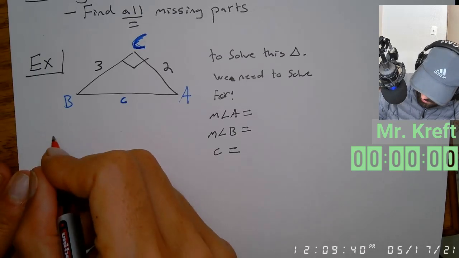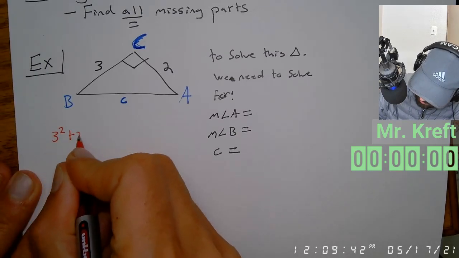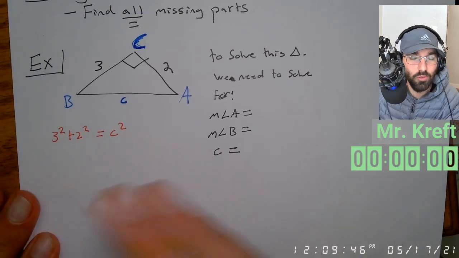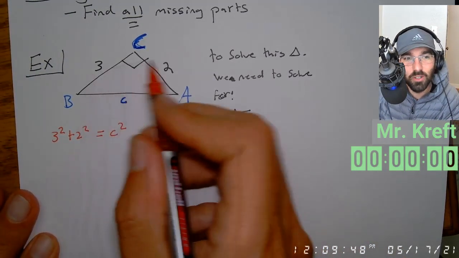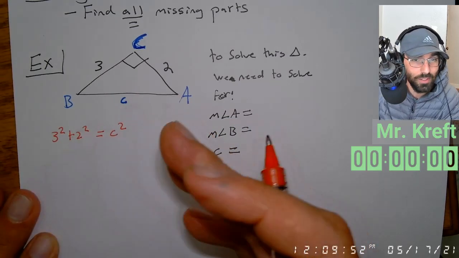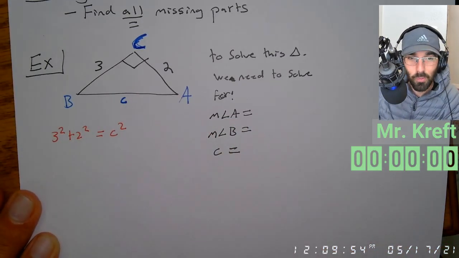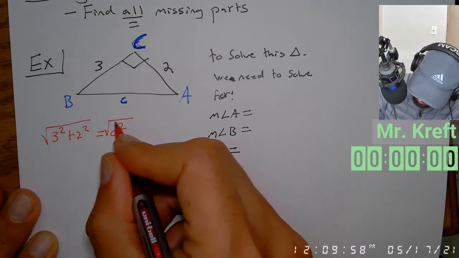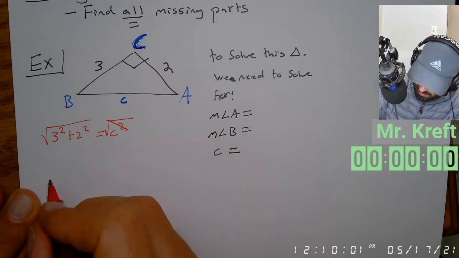So just for fun here, I could say 3 squared plus 2 squared equals c squared, because doesn't Pythagorean theorem still work? So for c, since I know 2 of the sides, I could go ahead and do this. Now I'm not always going to be able to do this, but in this case I can, so why not? So I'm going to do the inverse. See how I'm doing the inverse?